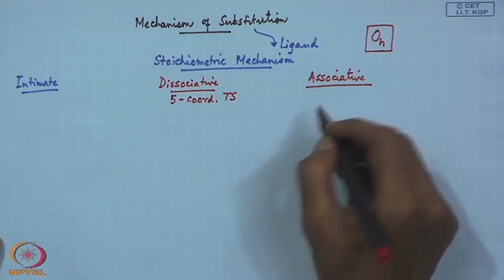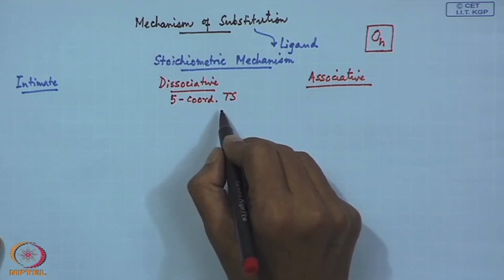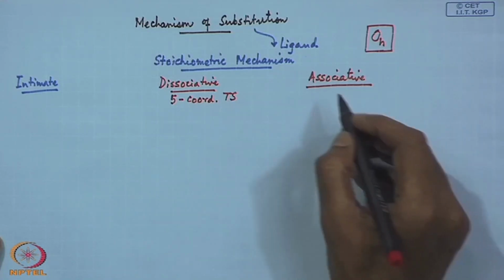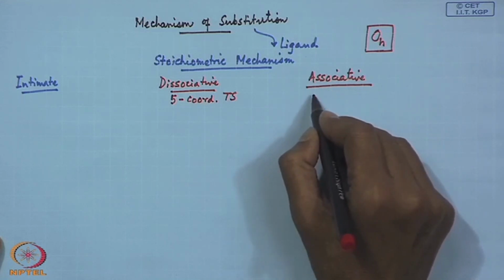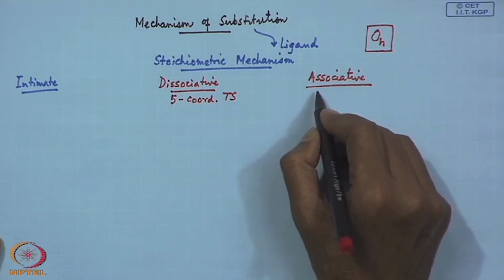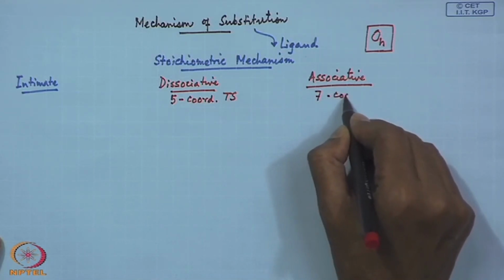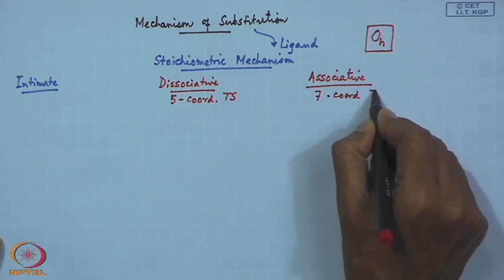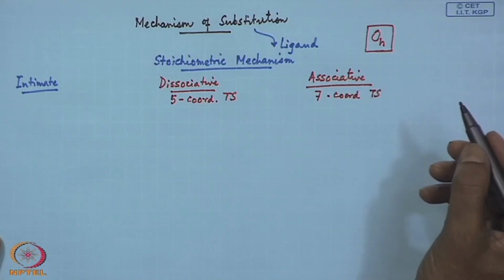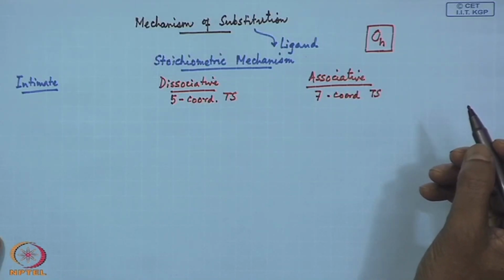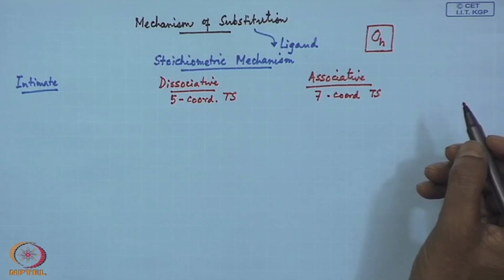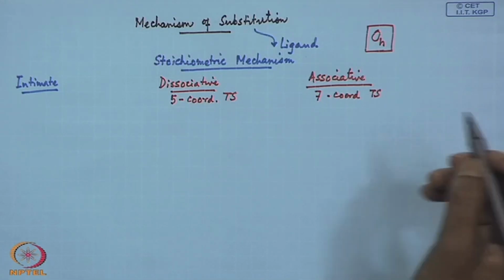So, reactants can give rise to a 5 coordinated system. For the associative reaction in the similar way we can have a 7 coordinated transition state for the octahedral reactants, that means some ligand is reacting with the octahedral metal center.